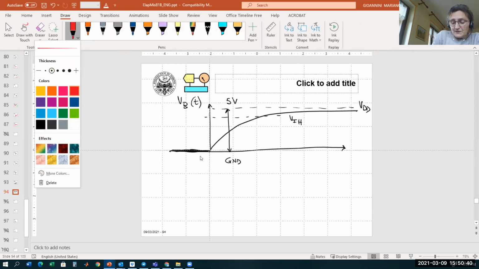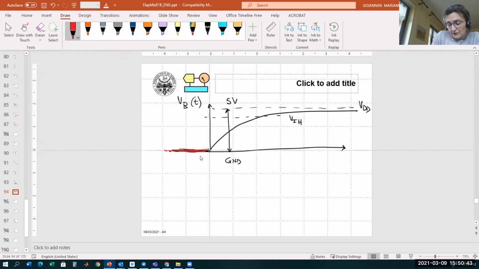You will have that, for example, in this case, your transient will be much faster, because now, instead of going to a VDD that was 5 volt, you only go to a VDD which is only, for example, 1 point something volt. And in this case, you see it's faster.